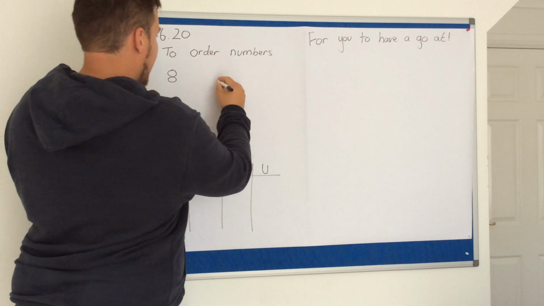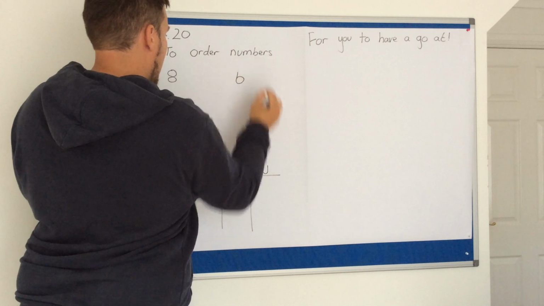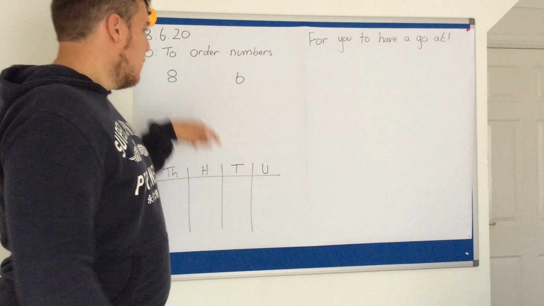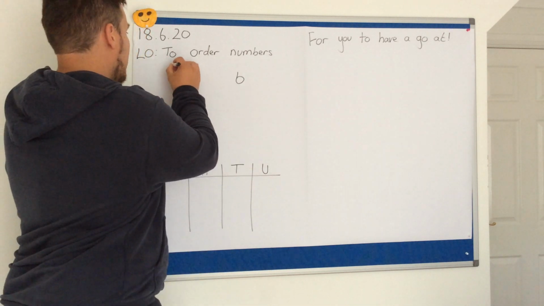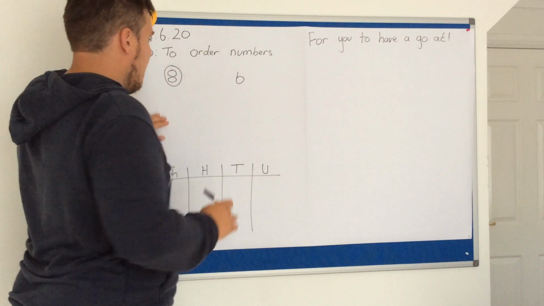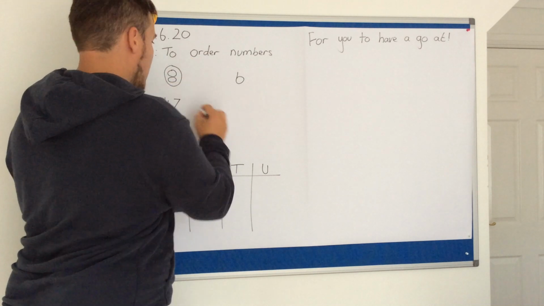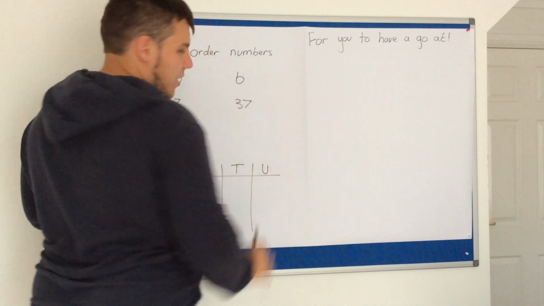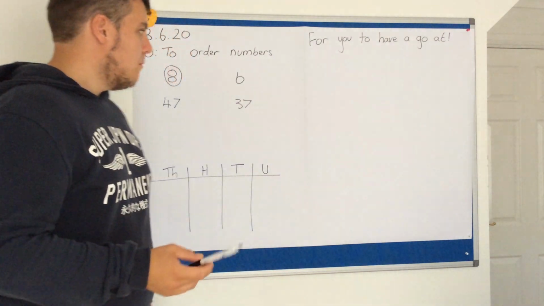If I've got the number 8 and I've got the number 6, which one of those is bigger? Well, we know, don't we? We know that 8 is bigger because it's got the biggest value. So 8 is my biggest number. If I've got the numbers 47 and 37, which number is bigger there?